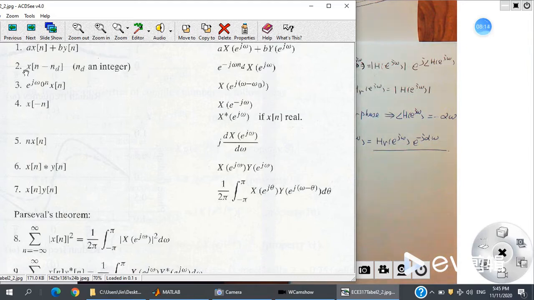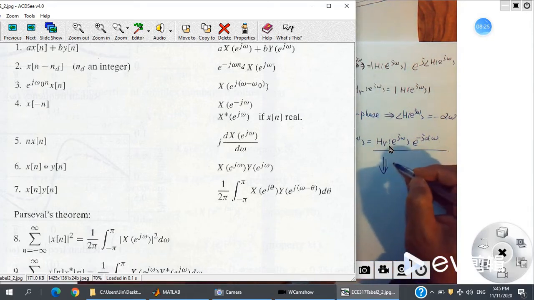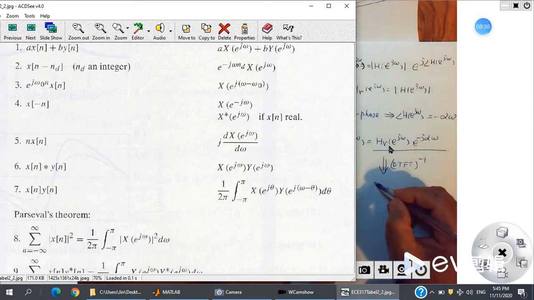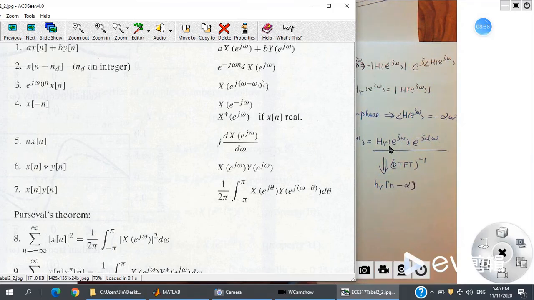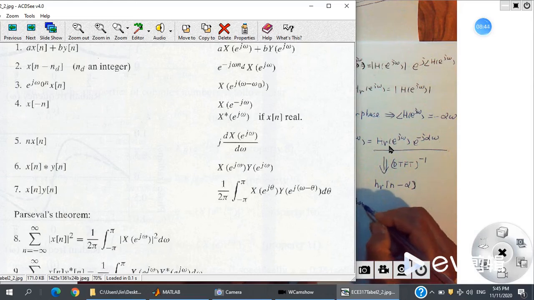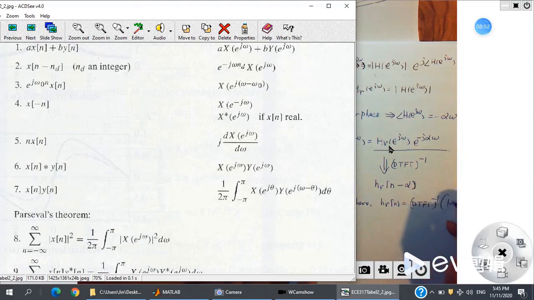In the time domain, that is related to x of n minus n d. Now we are not x, we have hr. So we perform the DTFT inverse, and that will be hr of n minus alpha, right? Where hr of n is the inverse DTFT of HR.